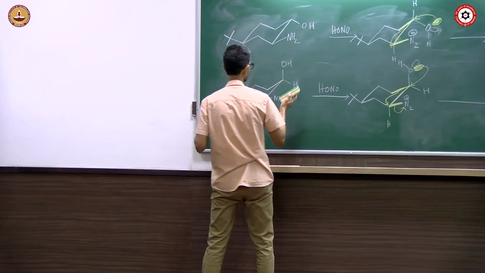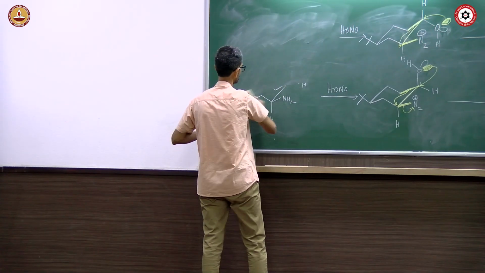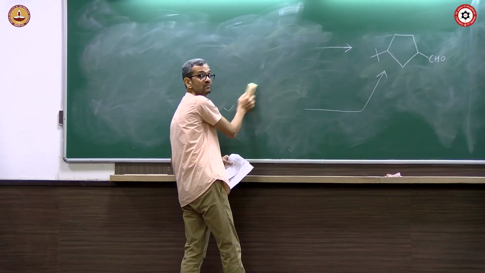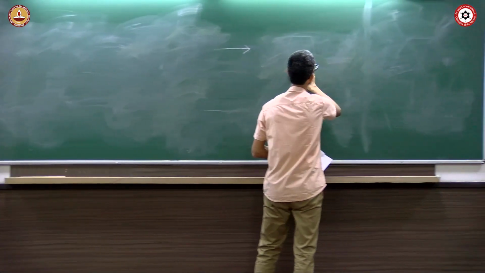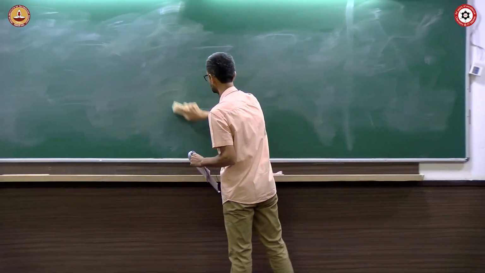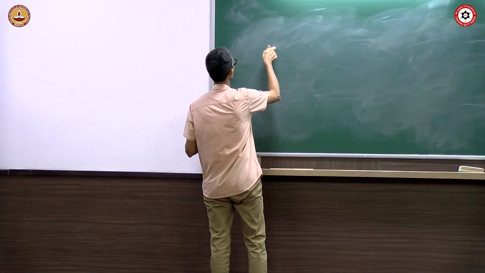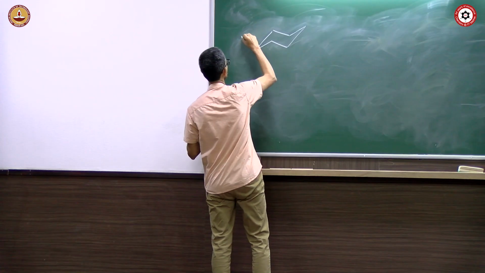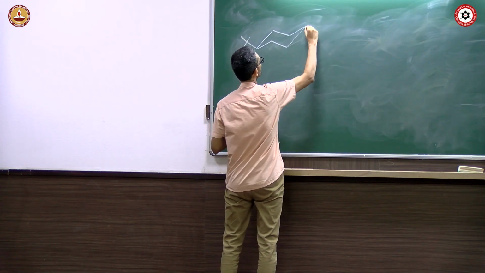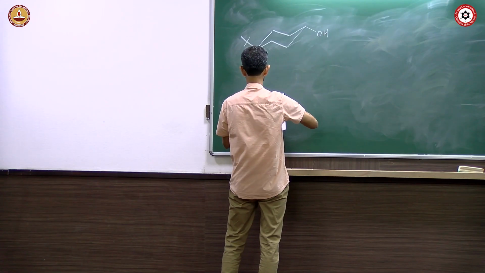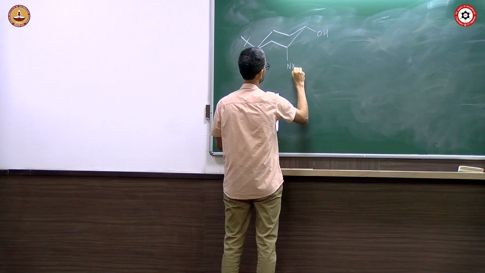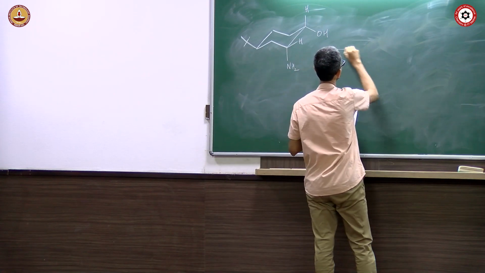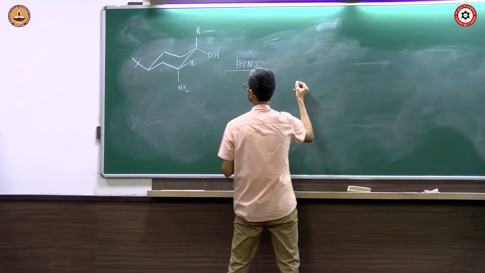Okay, what happens in a situation when the alcohol is equatorial and amino is axial? First step is quite straightforward.